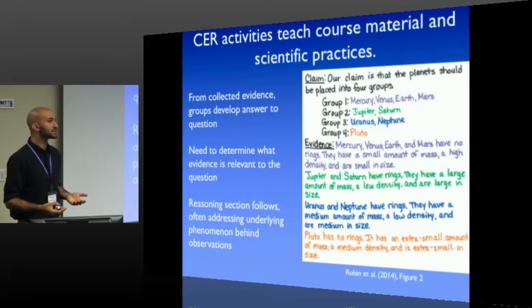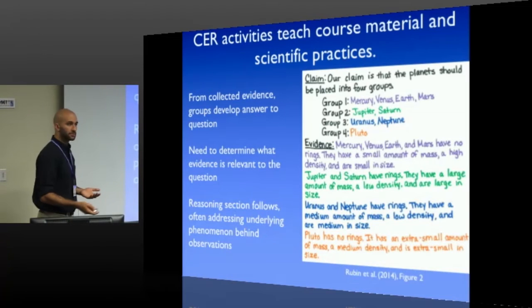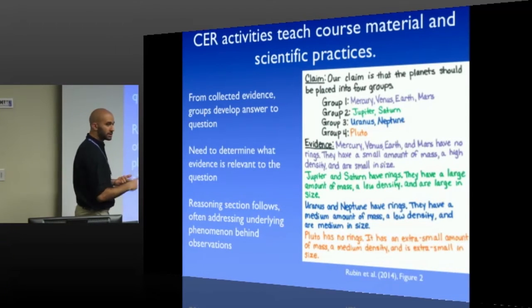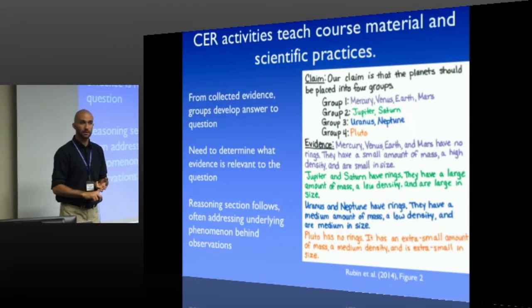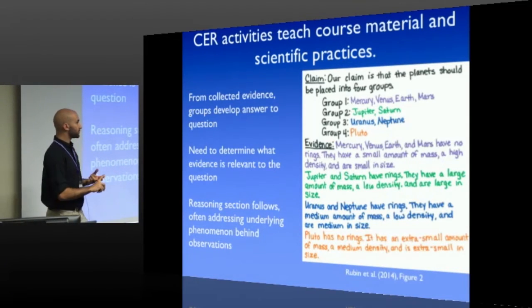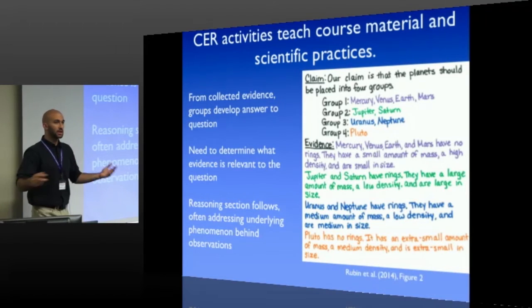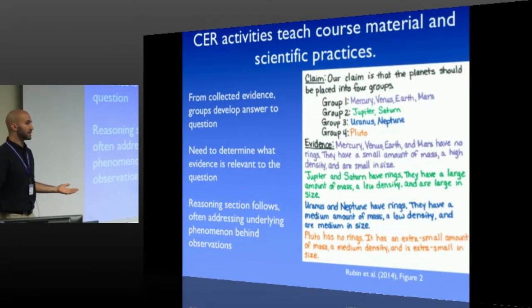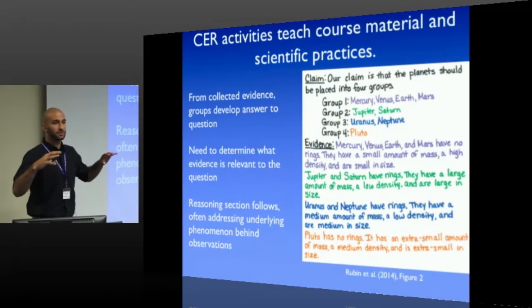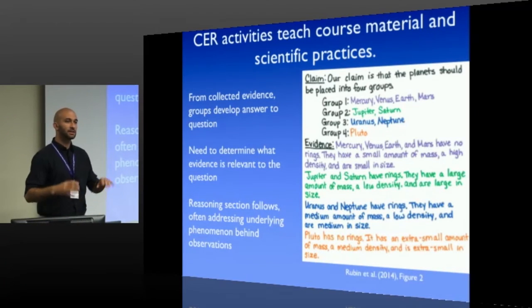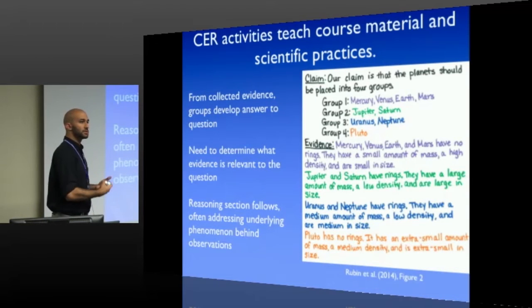In the case of one of the activities that I've developed, it's talking about radial velocity detections and what properties you can determine about a planetary system from the radial velocity method. So the underlying phenomenon there would mostly be gravity. So they have to work through everything they see and come to some judgment about what is working here.